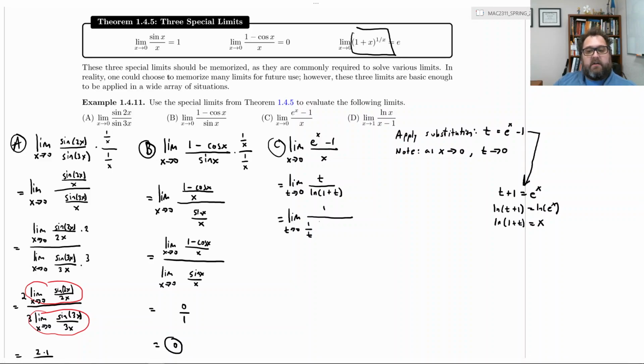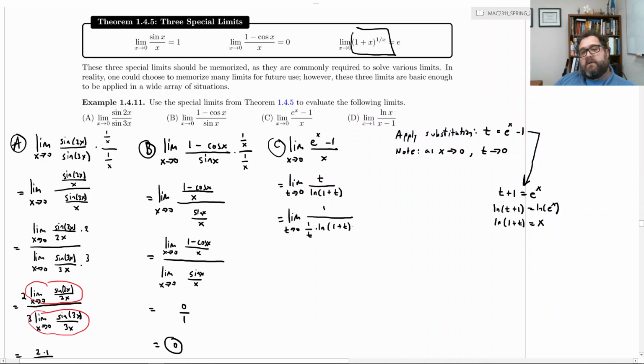If you do 1 divided by 1 over t, that's the same thing as you take the reciprocal of the divisor and multiply. So this would be 1 times t over 1, which equals t. So yeah, that is algebraically equivalent. And so now I have this 1 over t down here times the existing denominator, which was natural log 1 plus t.